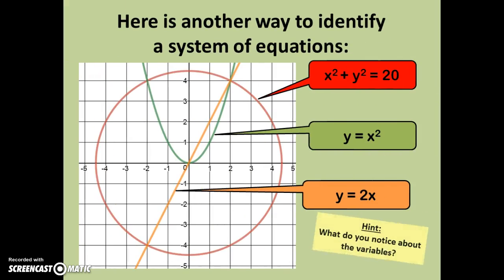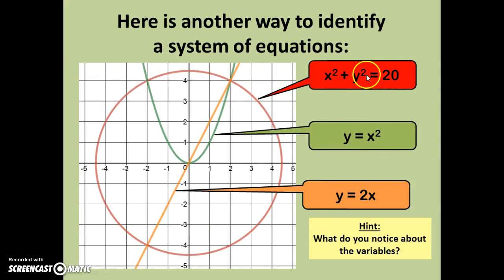So here's another way we can identify a system of equations. If we look at all three equations here, and remember the equation in red refers to that red circle. The equation in green refers to the parabola, y equals x squared. That's the parent equation and the parent graph for a parabola. And this linear equation, y equals 2x.